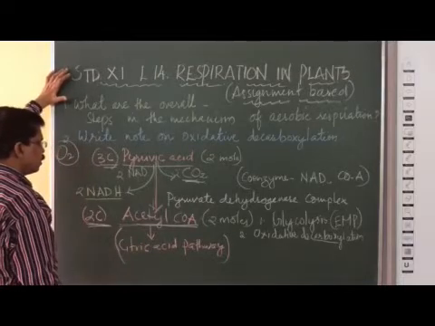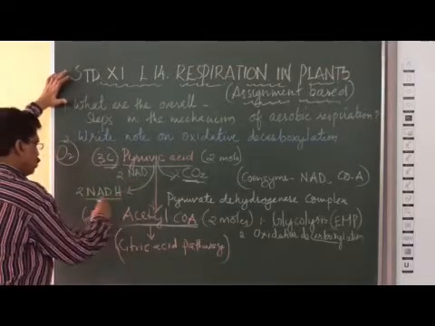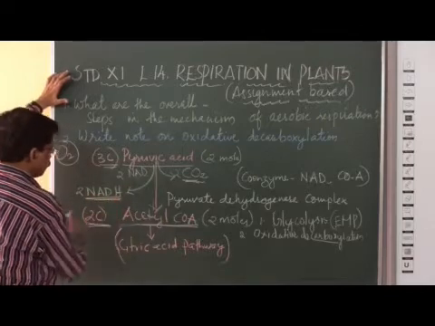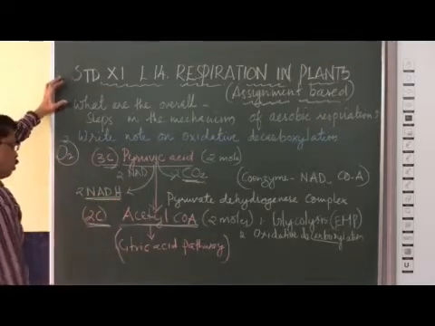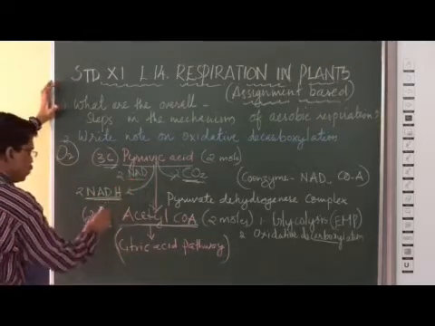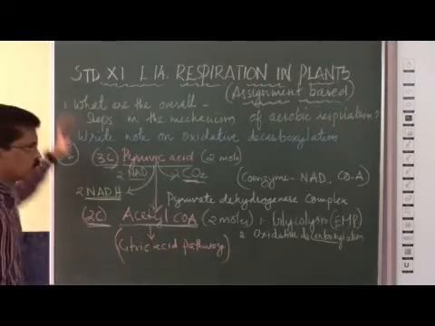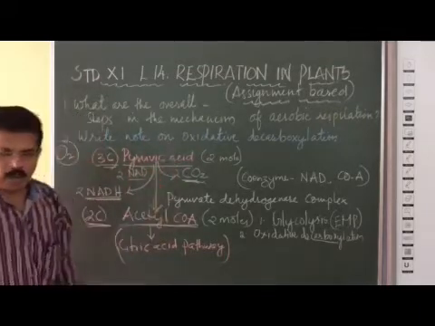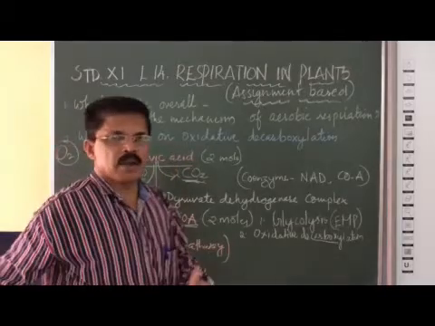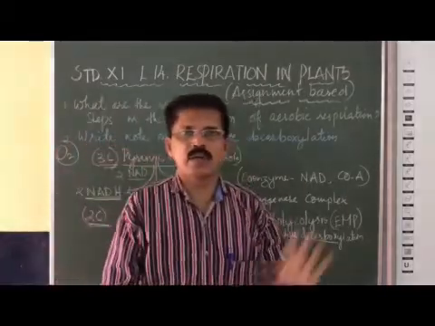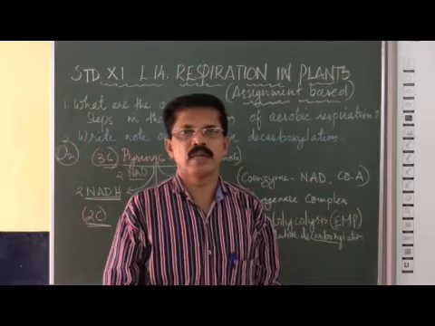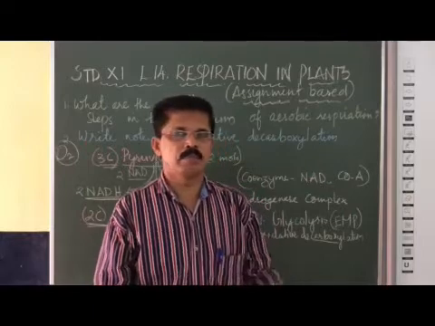What is happening? 2 molecules of NAD are reduced to NADH. What is the full form of NAD? You have studied that: nicotinamide adenine dinucleotide. Clear? NAD is a coenzyme.